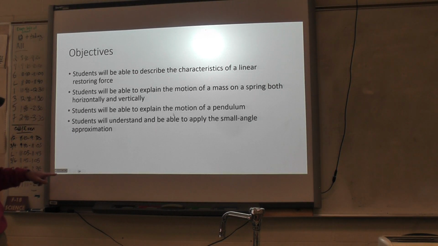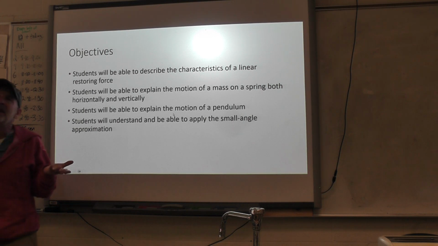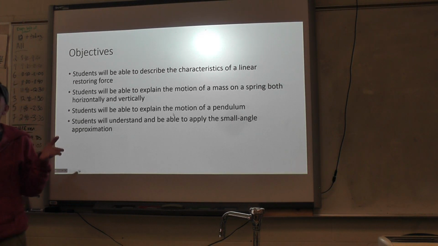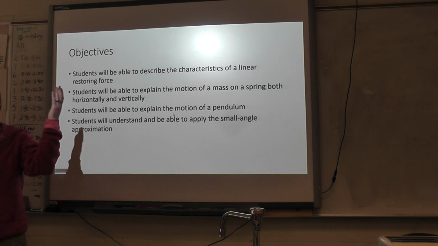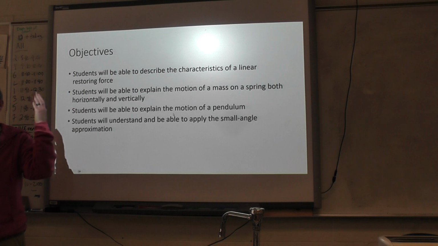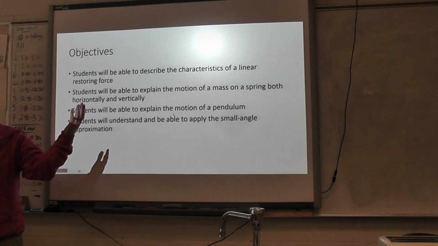Yeah? What systems in nature have linear restoring forces? So that's a great question. I think realistically, the kinds of things that we see with linear restoring forces are not necessarily things that we see in nature. There are a few things that we would see. Like the vibration, the motion of a tree in the wind is a really good example.